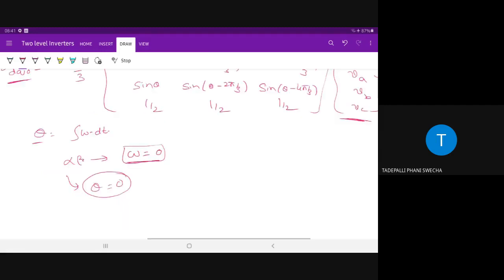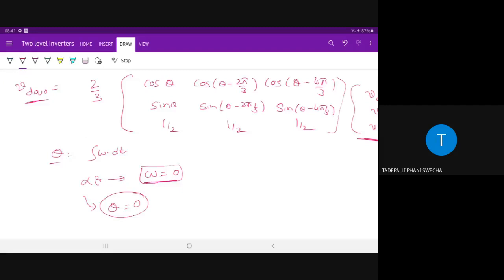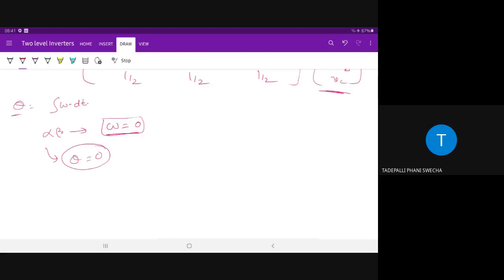So this is the conversion from ABC to the dq0 reference frame. In the dq0 reference frame, whatever sinusoidal quantities will become DC quantities. That means AC is converted to DC. AC parameters are converted into resultant DC parameters by using this DQ transformation.